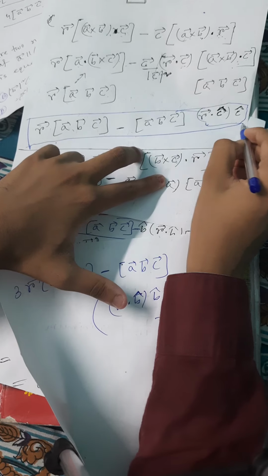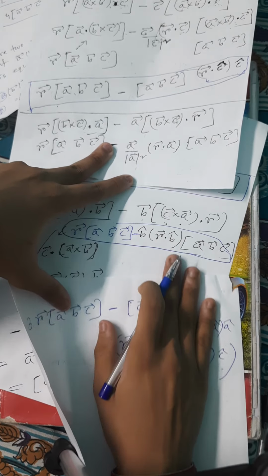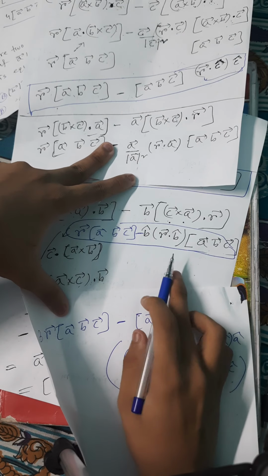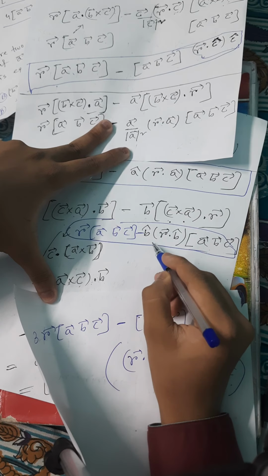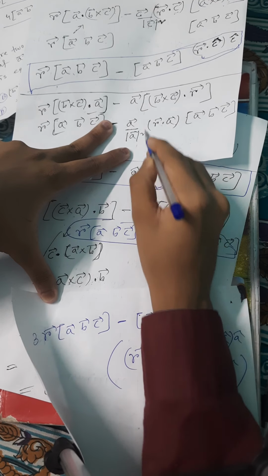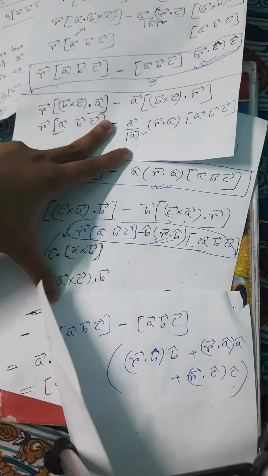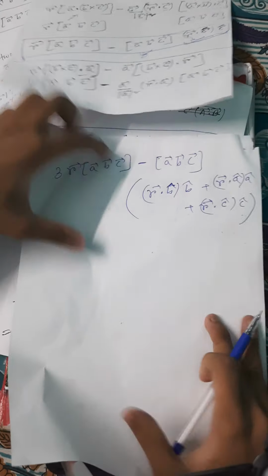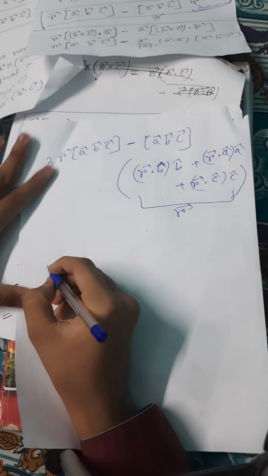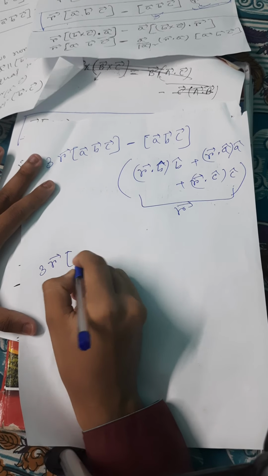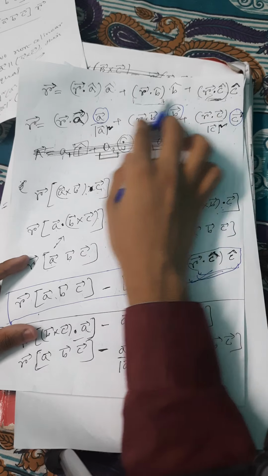When you common this ABC from this and from this, these terms can be written this way. And what is that? This is the r vector. So 3r vector ABC. See, this is the benefit of writing in this way.